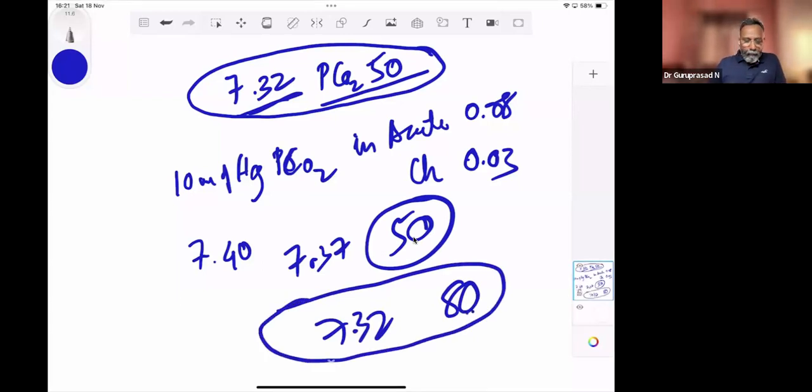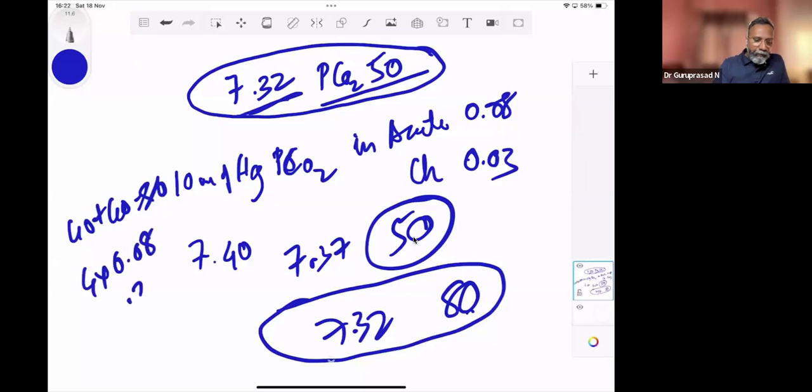For a PCO2 of 80, 40 is normal, and there is another 40 added to make it 80. So 4 times 0.08 should have been the change. That is 0.32. 7.40 minus 0.32 will be 7.08.